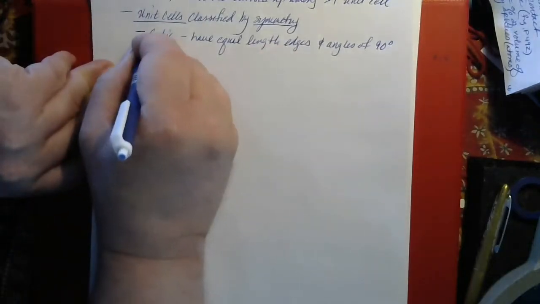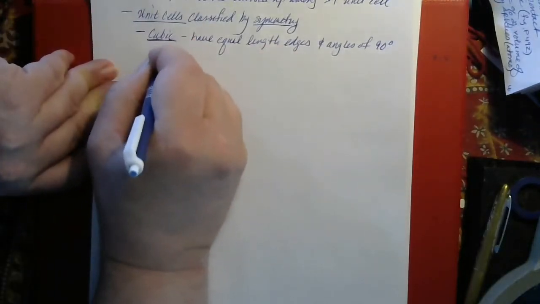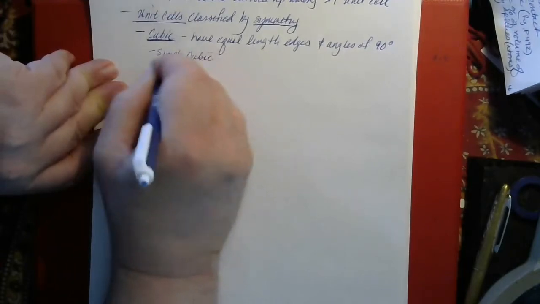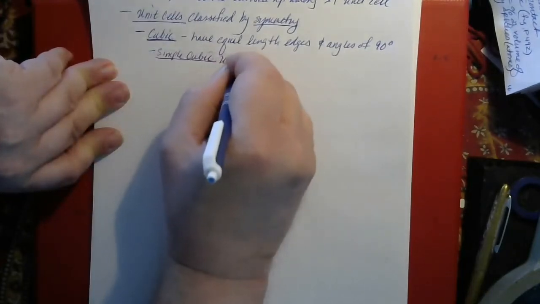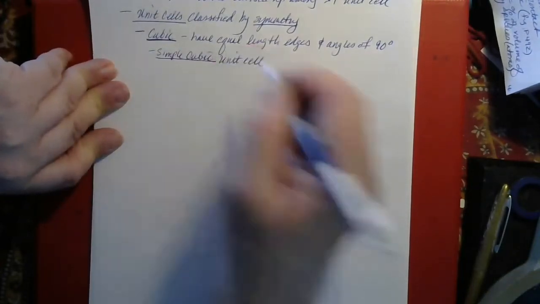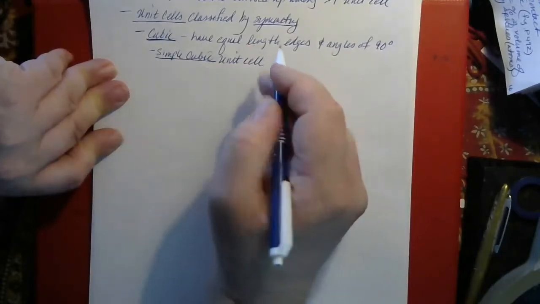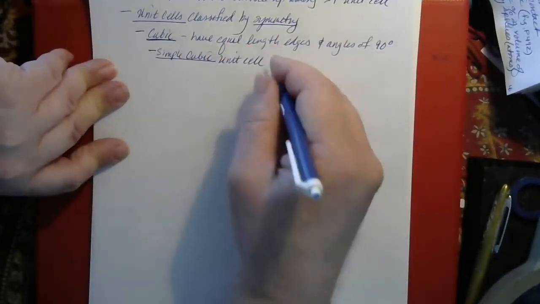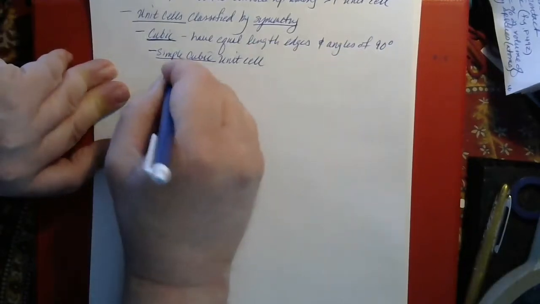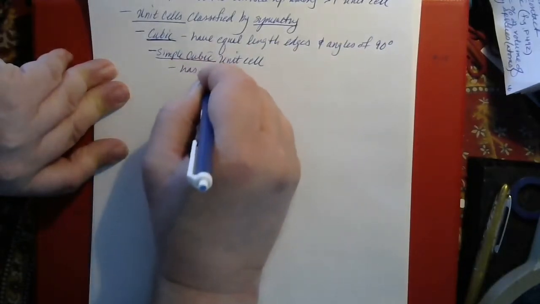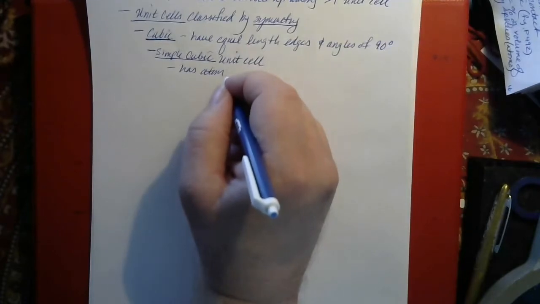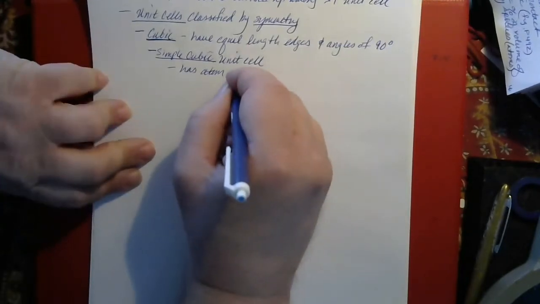So under cubic unit cells, you've got simple cubic, which, as the name implies, is the simplest of the cubic unit cells. And it features an atom that is centered at each corner of the cube.